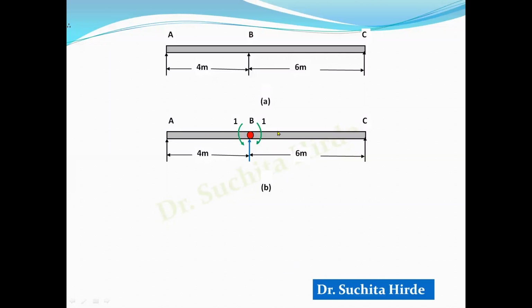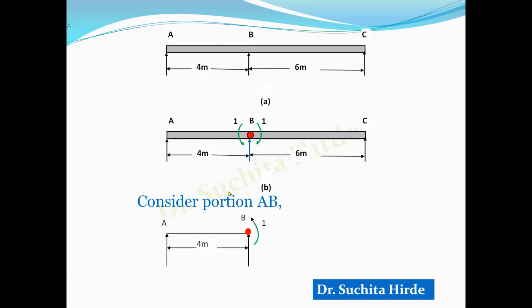It is an imaginary beam which is loaded with the M by EI diagram. So therefore we have to draw the bending moment diagram. To draw it, first of all we have to calculate the reactions at the support. Then only we can calculate the bending moment. So we will consider first portion AB, and then calculate the reaction at A.